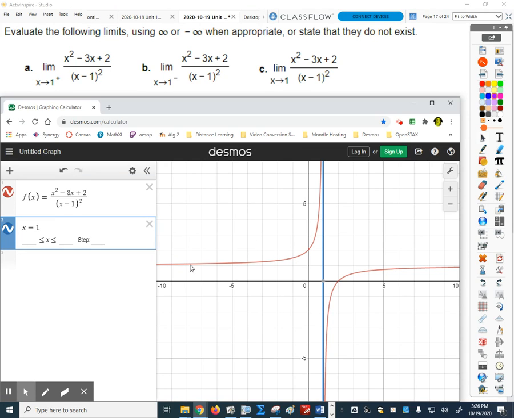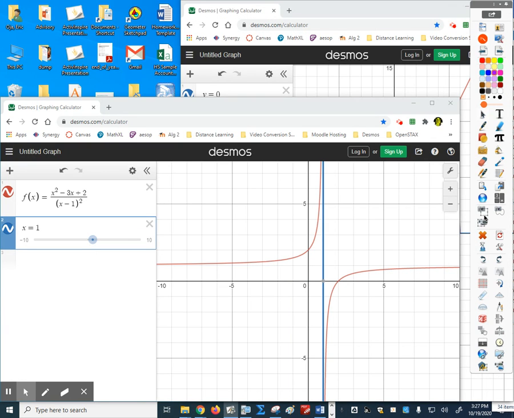As I approach from the right, I'm going down to negative infinity. As I approach from the left, I'm going up to positive infinity. And so I can say neither for part C, right? Let's get a picture of this.